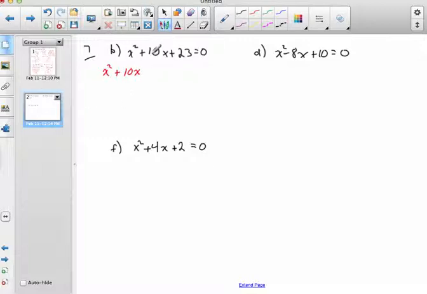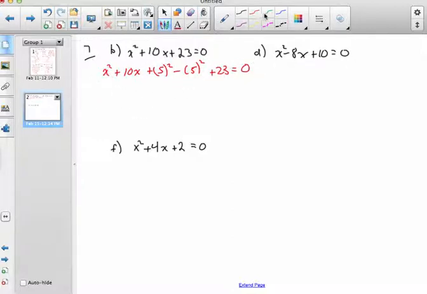So half of 10 is 5. So we're going to take 5, and we're going to square it. So we're going to add, and I'm going to leave it as 5 squared. But because I added it in, I have to make sure that I stay balanced, so I have to subtract it back off. So this whole thing essentially adds to 0, so I haven't really done anything. Plus 23 equals 0. I've just made it uglier.